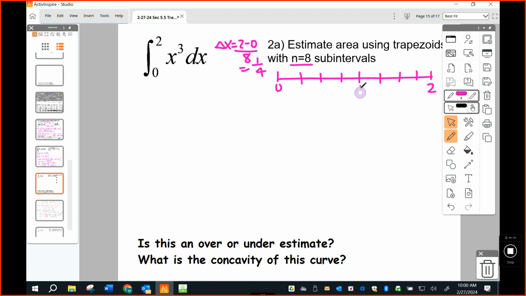Of course, 1's in the middle, here's a half, and 3/2. This is 1/4, 2/4, 3/4, 4/4, 5/4, 6/4, 7/4, and 2 is 8/4.